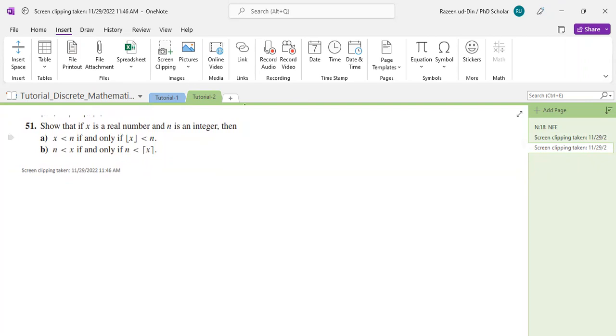The question says, if x is a real number and n is an integer, then part A says x is less than n, this real number is less than this integer, if and only if the floor of x is less than n.